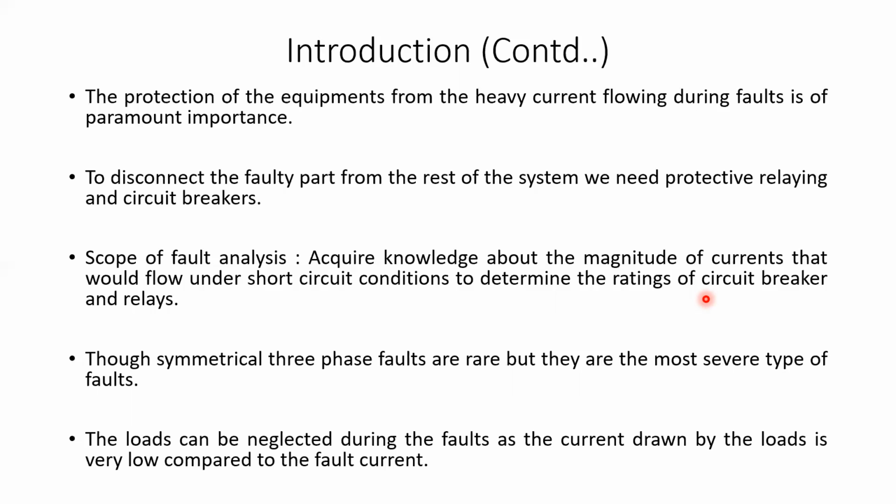So, if you want to stop the damage that may happen to the equipment, then we have to take proper measures so that the faulty part of the system is isolated from the rest of the system. To disconnect the faulty part from the rest of the system, we need protective relaying and circuit breakers.